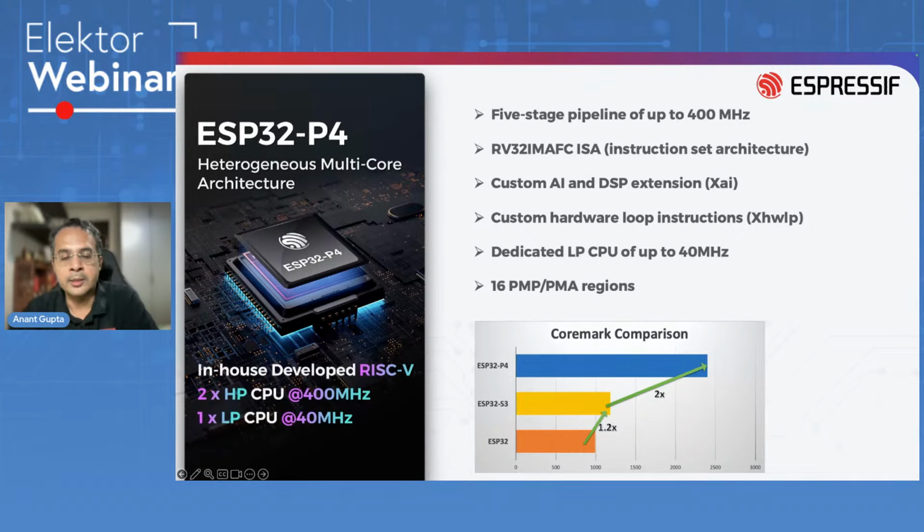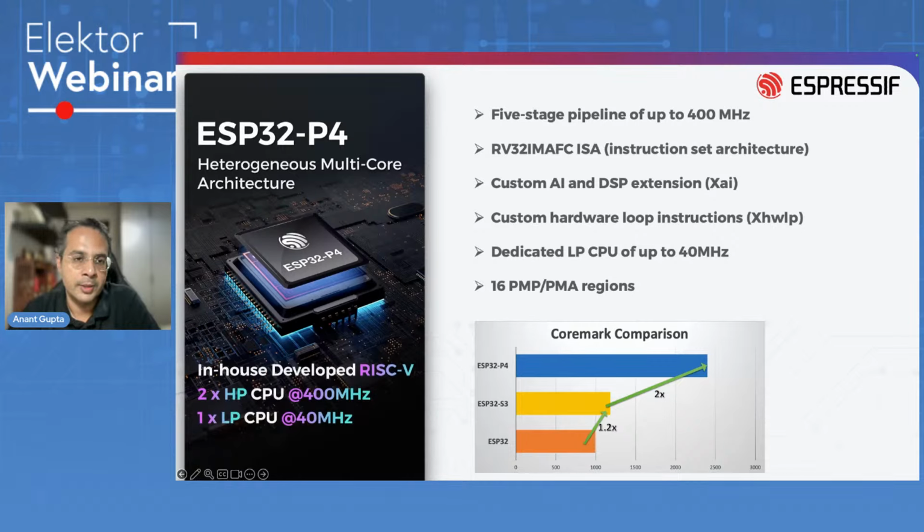If we just look at the raw CoreMark number for the P4, the per megahertz performance of the P4 on the CoreMark is around 2.7 or 2.8, if I remember correctly. And we are increasing it with every RISC-V generation.